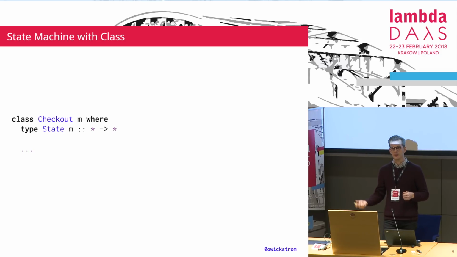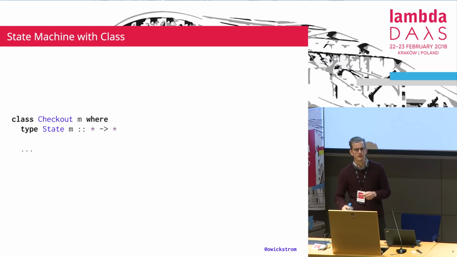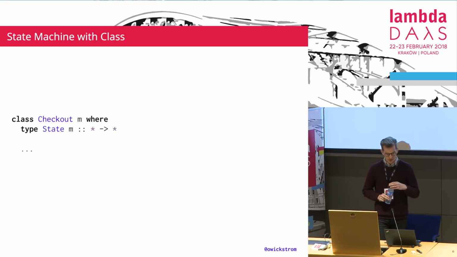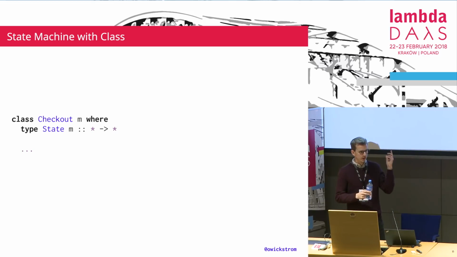Star to star basically means type to type. So it's a kind of a function at the type level. So this state will take a type and return a type. And that type that we pass in are those empty types we saw before. So we parameterize it by some marker.